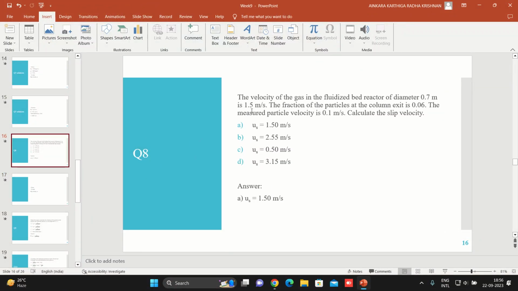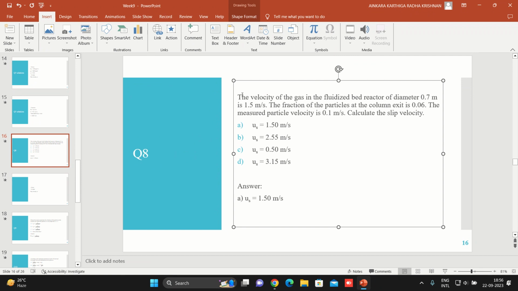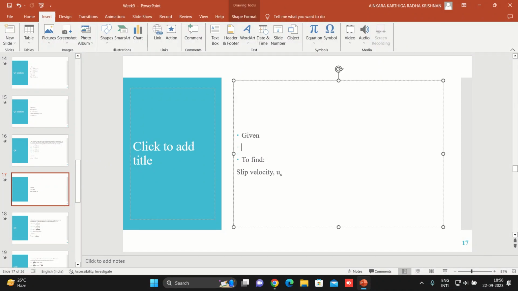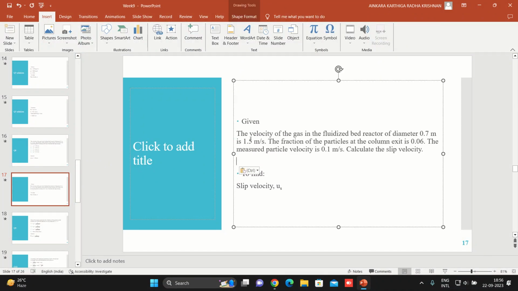So in the given, what are all the things that are asked? Velocity of the gas in the fluidized bed reactor.